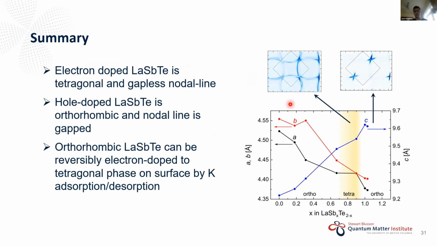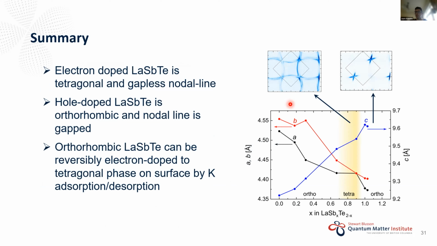In summary, we found that if we electron dope lanthanum antimony telluride, we obtain a tetragonal phase, and this tetragonal phase features a gapless nodal line. However, if we go into the slightly hole doped regime, the sample is orthorhombic, and those nodal lines get gapped out as a consequence of the breaking of n-glide symmetry.